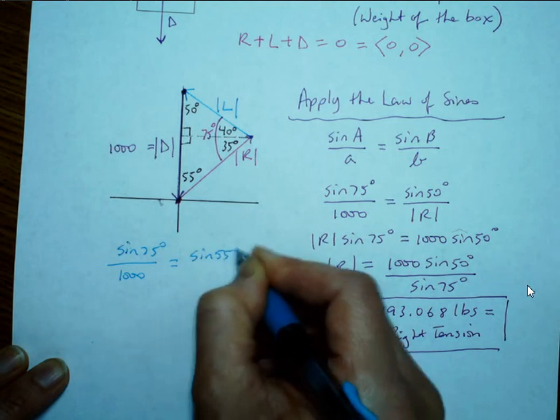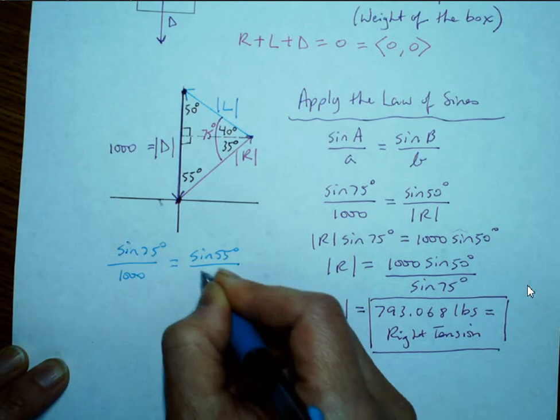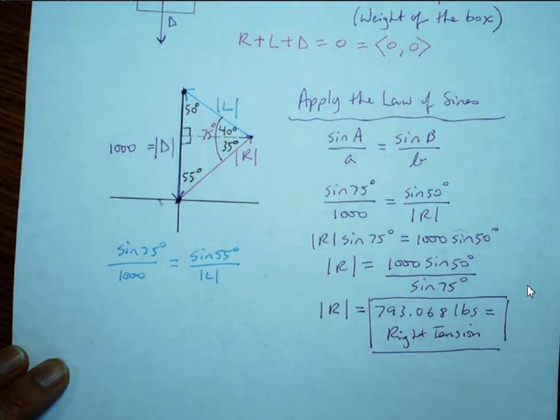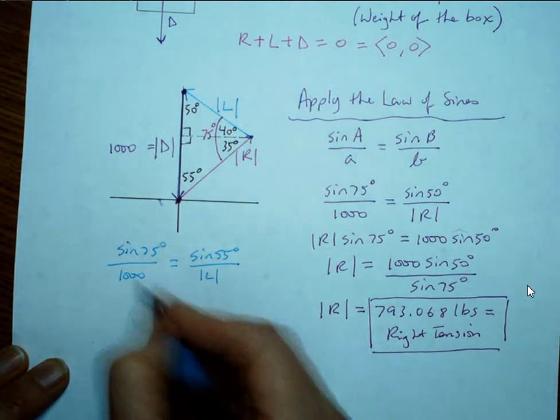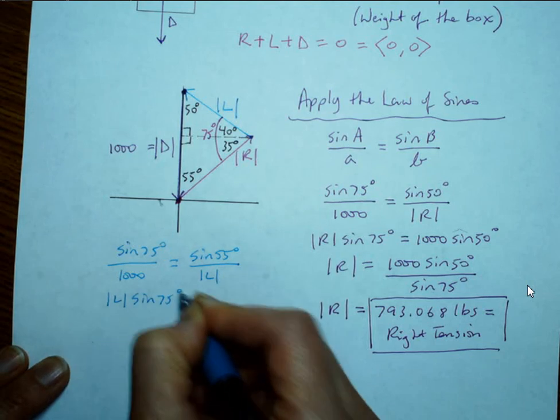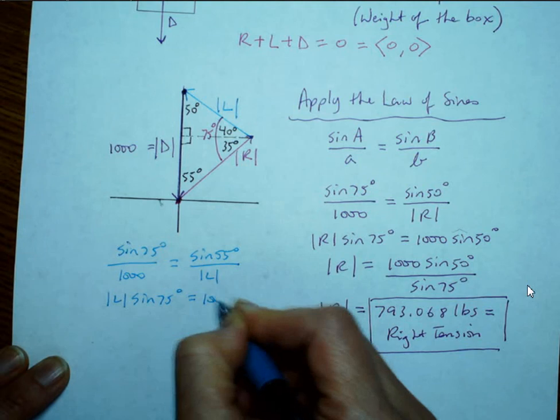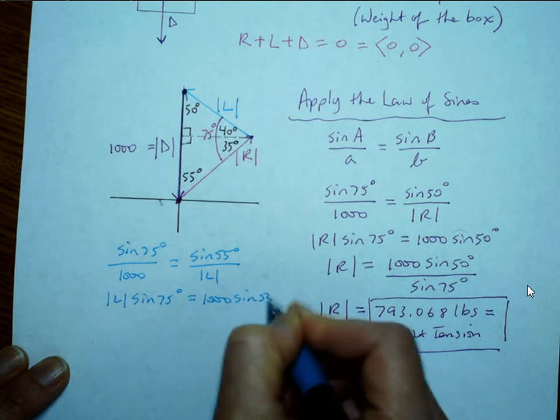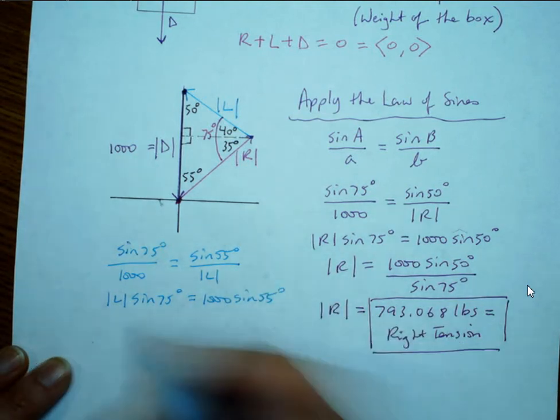So that will be sine of 55 degrees, divided by L. Okay, and cross multiply again, so L sine of 75 degrees is equal to 1,000 sine of 55 degrees.